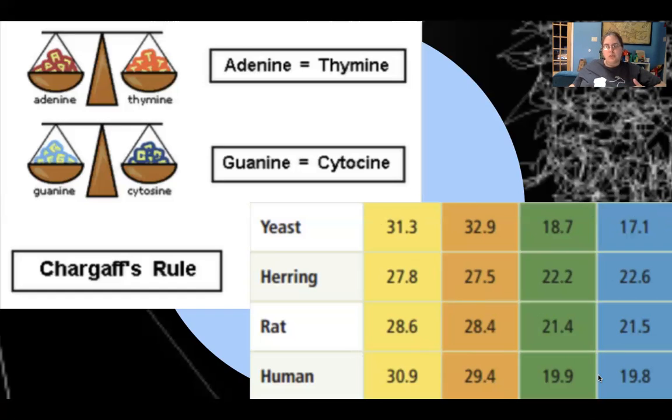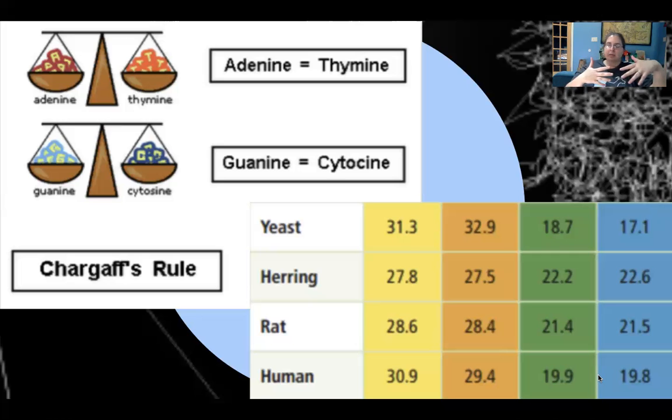So not only are the purines and pyrimidines equal to each other, but adenine, which is a purine, equals the number of thymine, which is a pyrimidine, and guanine, which is a purine, equals the number of cytosine, which is a pyrimidine.